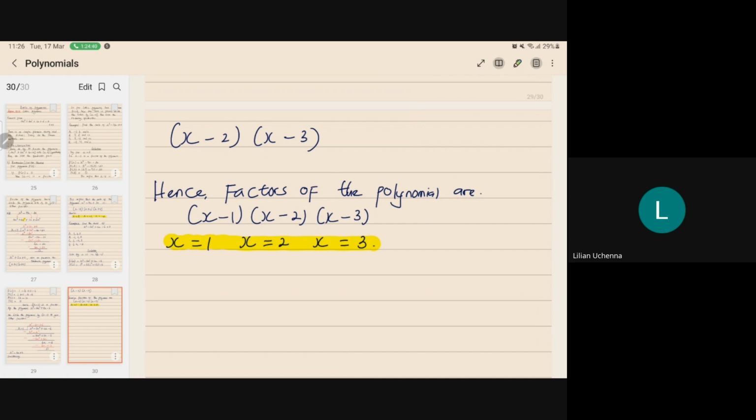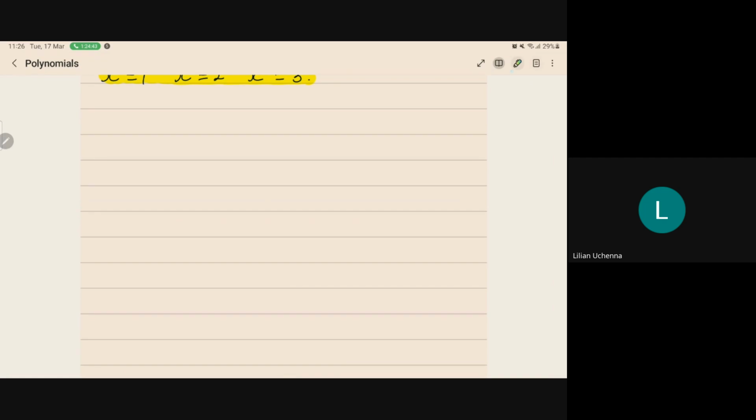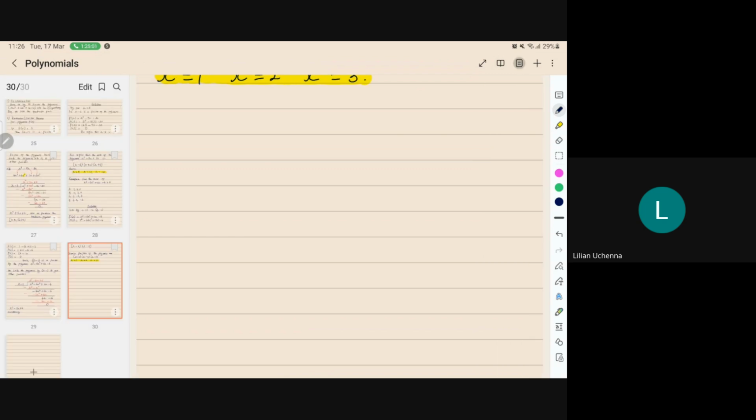All right, so the next one says that we have a polynomial in x whose roots are 4/3 and minus 3/5.